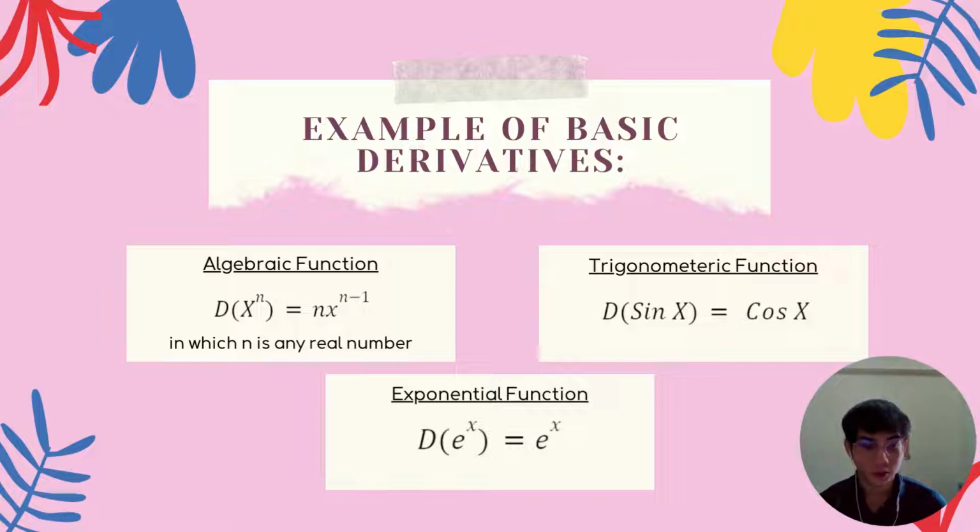Number two is the trigonometric function, in which the derivative of sin x would be cos x, and the derivative of cos x will be negative sin x. And lastly, the exponential function, in which the derivative of the exponential constant e to the power of x will be e to the power of x.